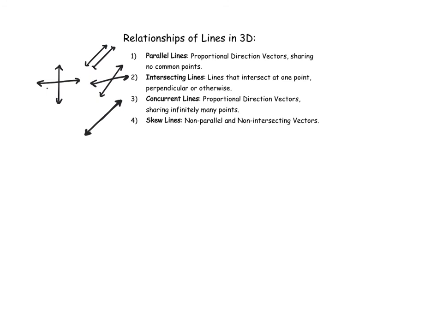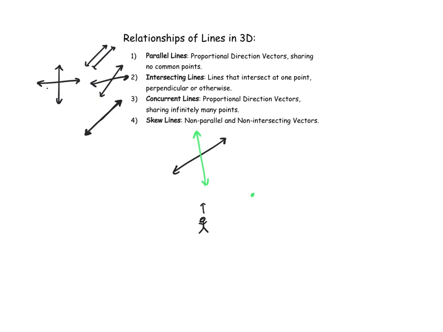The third option is skew, and skew is non-parallel, non-intersecting. So let's say I have a line like this, and I have another line that's not parallel to it but doesn't intersect it. So you can't see it, but this green line is above the black line. We just don't have the perception to be able to see it. So if I looked at it from the side, if I were flat on the surface on my belly looking at these two lines, I would see like a green point.